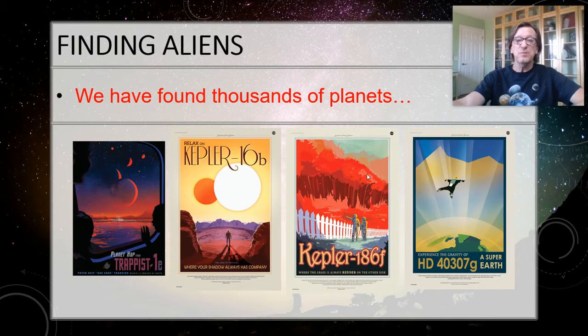So here on Earth, we've been using not only the Hubble Space Telescope, but a spacecraft called Kepler, which is looking for planets. It's using the same technique that I'm going to be teaching you in this class. So all of these planets that you see here, these are actual planets that we found. We found over 3,000 planets that are confirmed right now, and about another couple of thousand that are candidates that we're pretty sure are also planets.